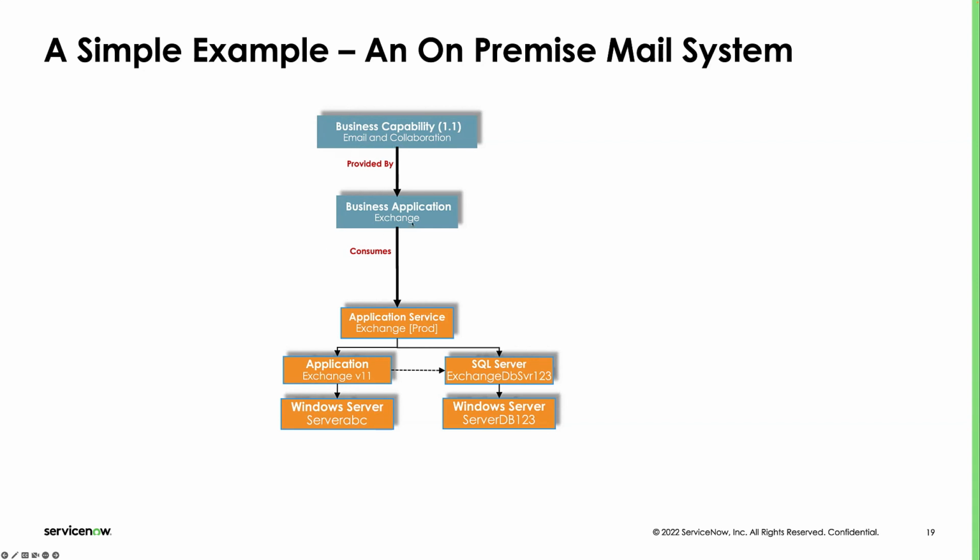It's provided by Exchange as my business application. I've got a production deployment and it's dependent upon an application instance, Exchange instance running on this server, and a SQL server is being used. There's a dependency there. This Exchange is using the SQL server and it's deployed. They all go together and make up the application service. This is one of your simplest models.